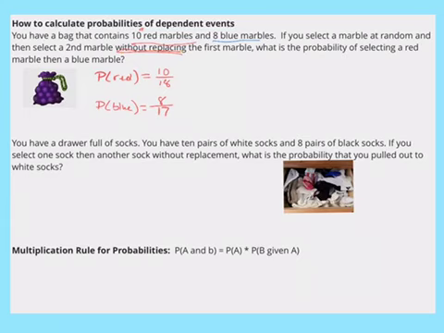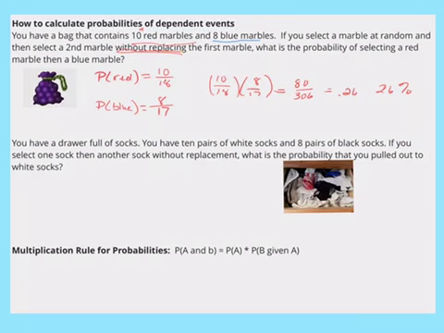So the probability of selecting a red then a blue is going to be 10/18 times 8/17. And that'll end up giving us 80 over 306, which is 0.26 or a 26% chance of pulling out a red then a blue marble.